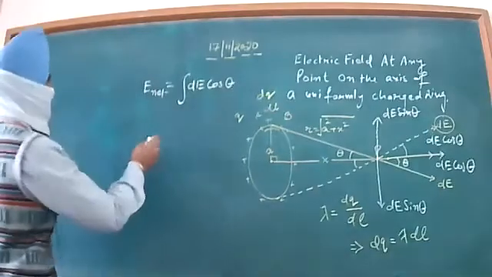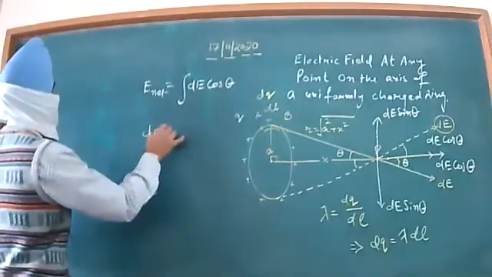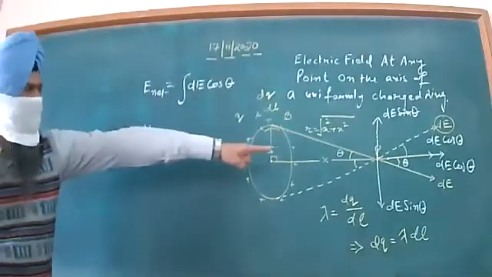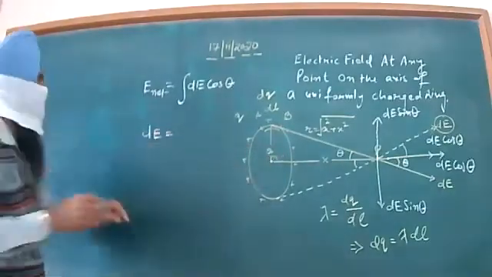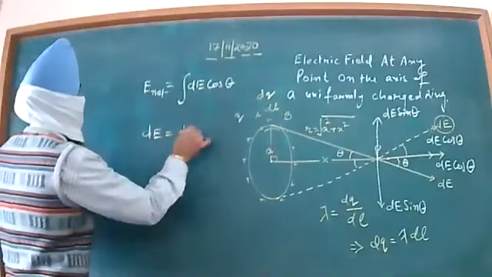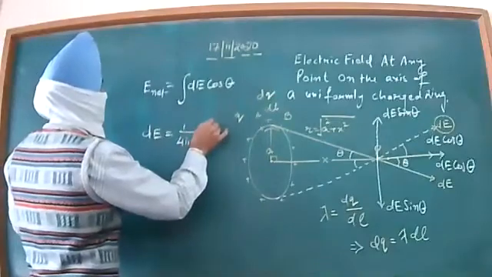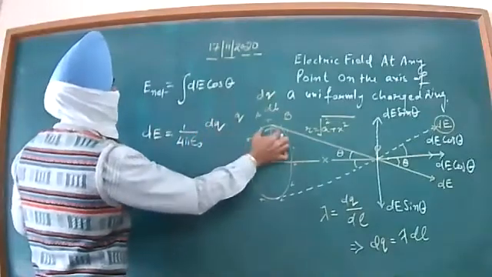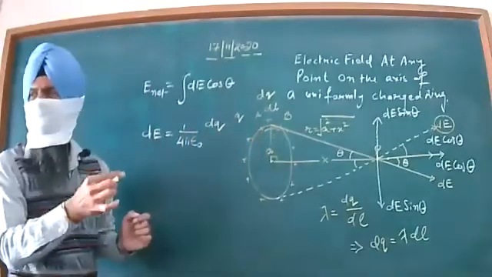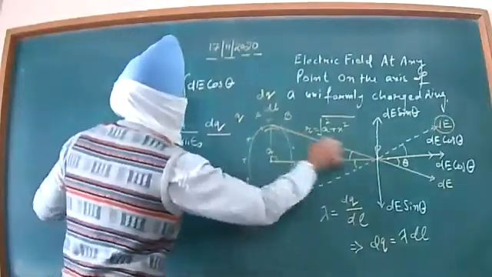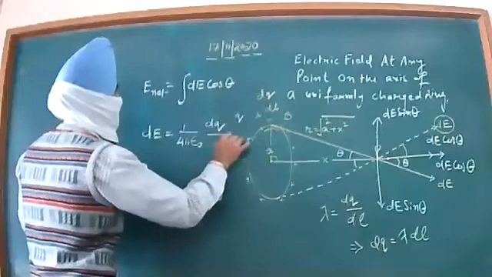Now, dear students, we have not so far calculated this dE. In terms of magnitude at the observation point, dE is equal to 1 by 4 pi epsilon naught into dq, because dq is the charge available on this element, divided by this distance r, so r square.